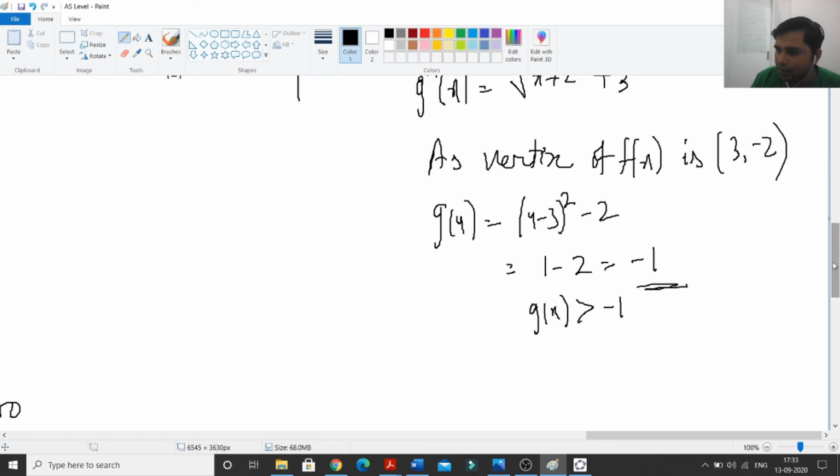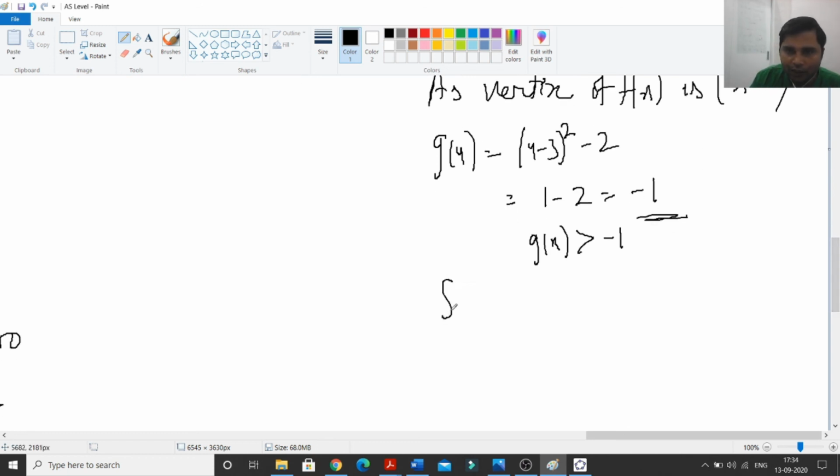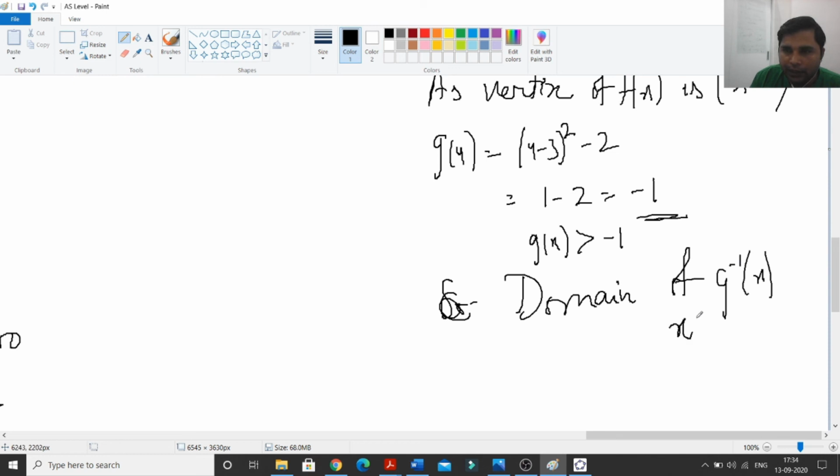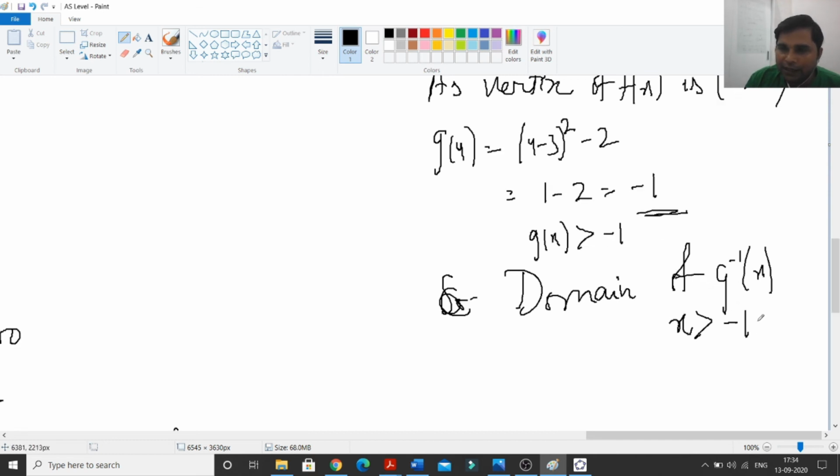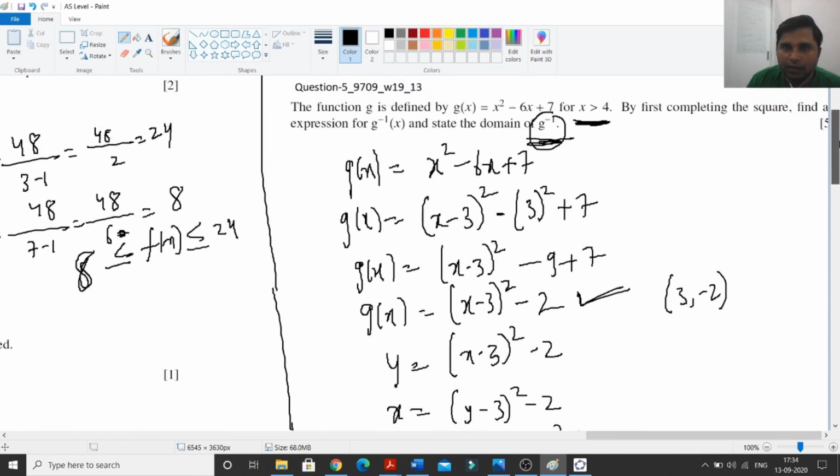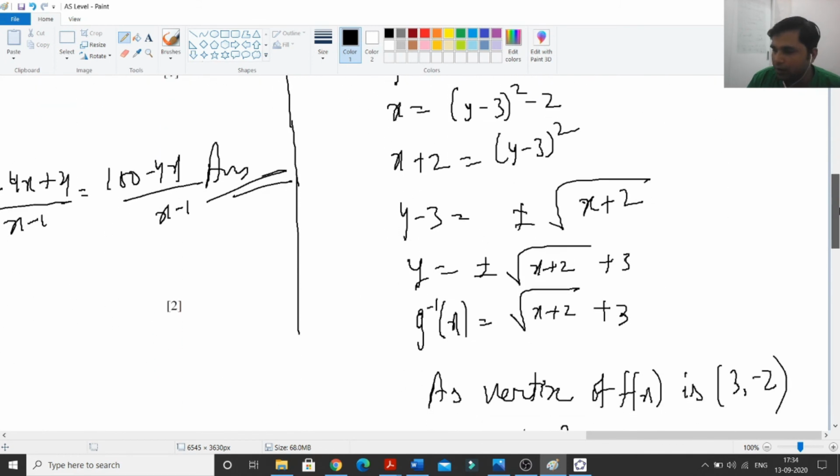So if the range is more than minus 1, the domain of g inverse x will be x greater than or equal to minus 1, because the range of the function was g(x) greater than minus 1, right? So this is the domain, this is the answer.